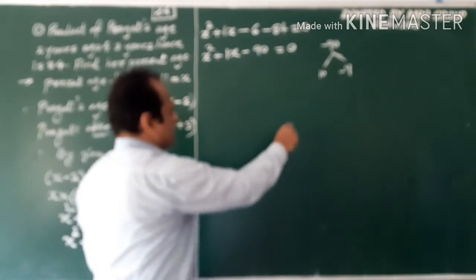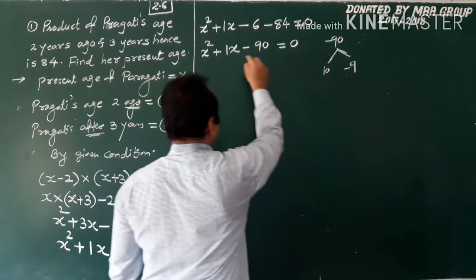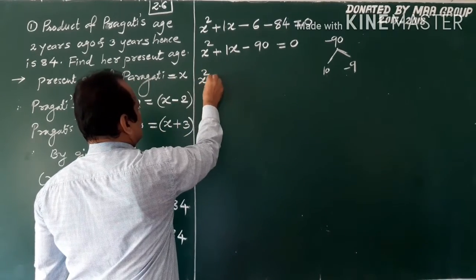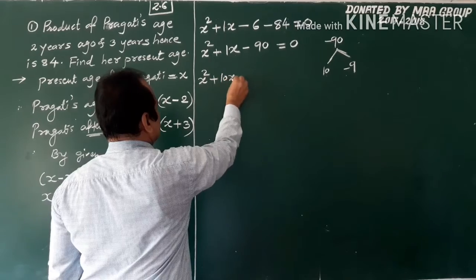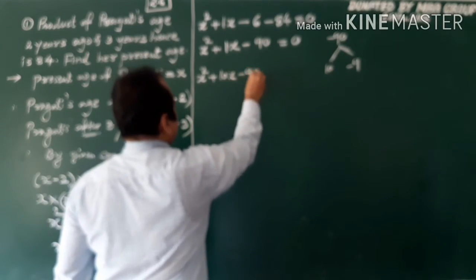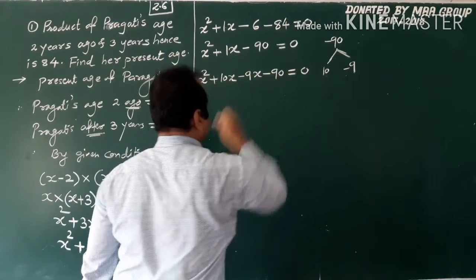In this way the two numbers are 10 and minus 9, and we adjust them in the middle term: x square plus 10x minus 9x minus 90 is equal to 0.